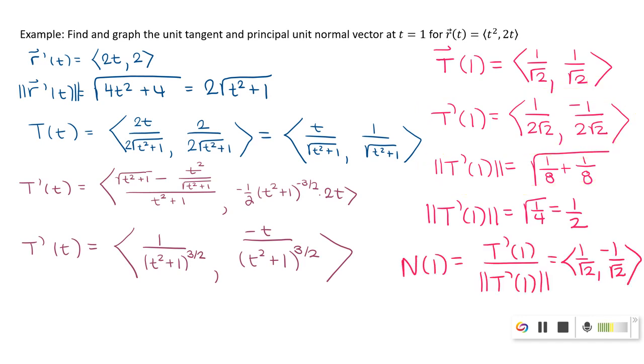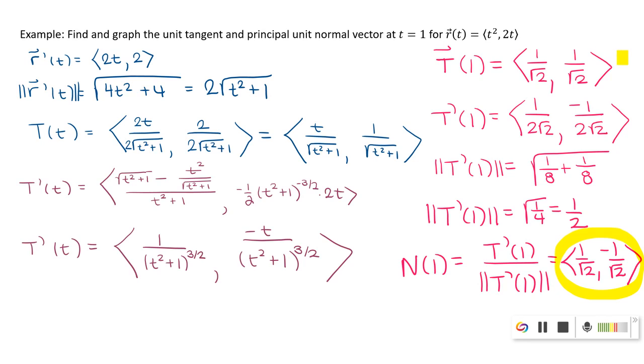And then to get my unit normal vector, I'm going to take T prime of 1 and divide that by the magnitude of T prime of 1. So I took T prime of 1 and divided it by 1/2. Dividing by 1/2 is the same as multiplying by 2, so I was able to cancel some 2's. And finally, my principal unit normal vector is 1 over root 2, negative 1 over root 2.